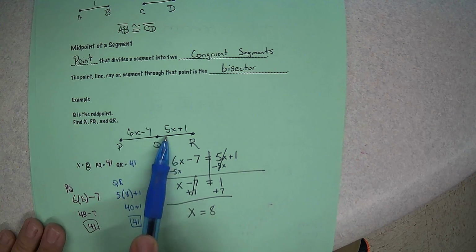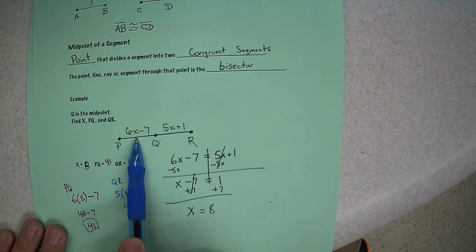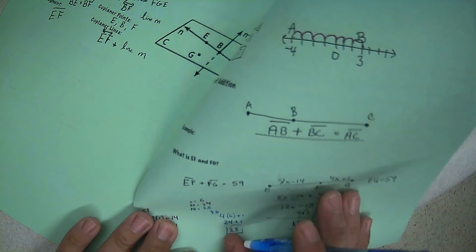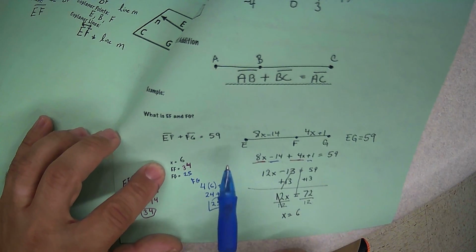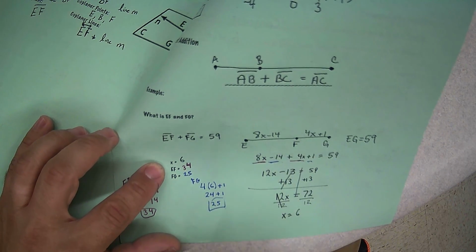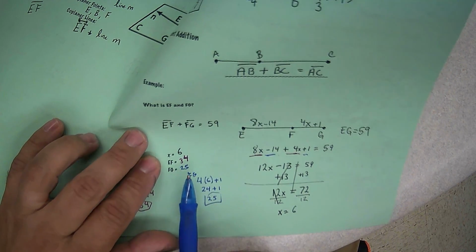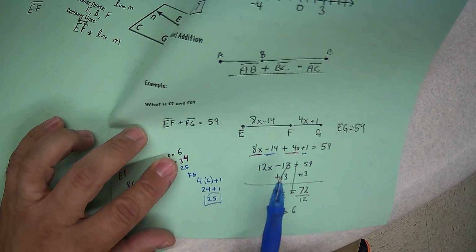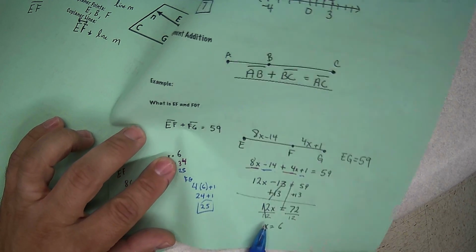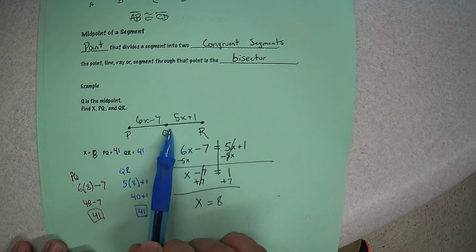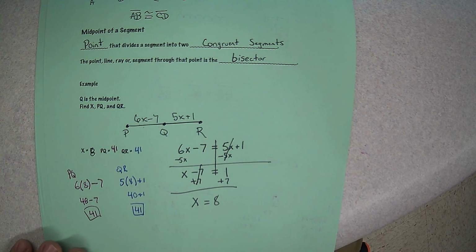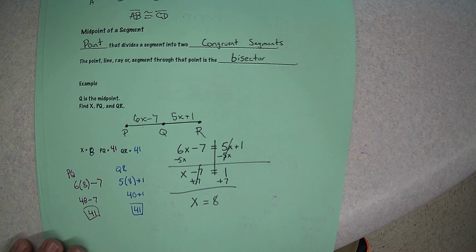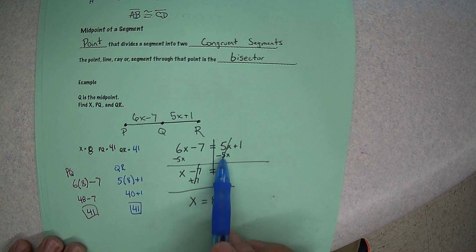Are we told that the two parts are equal or congruent? Or are we saying these two pieces add up to something else? That's the key thing to look for. Here we're told the whole thing. If you're told what the whole thing is equal to, you're most likely going to be doing something like this. If you're told that you have a midpoint, you're going to be setting them equal to each other and then solving like this.